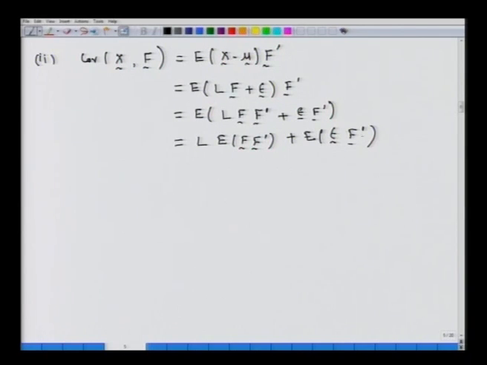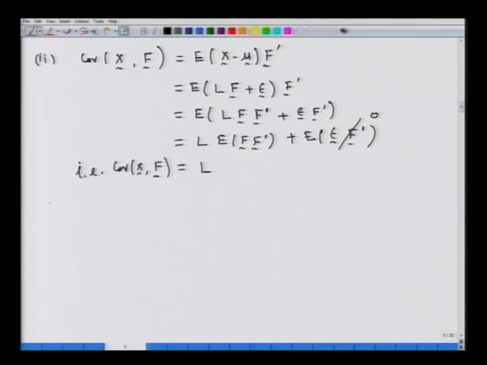This is the covariance between epsilon and f, which is equal to 0. So this one is a null matrix, and by the assumption that f has the identity covariance structure, this is just equal to L. So the covariance between this x vector and the f vector of common factors is just equal to L, right.